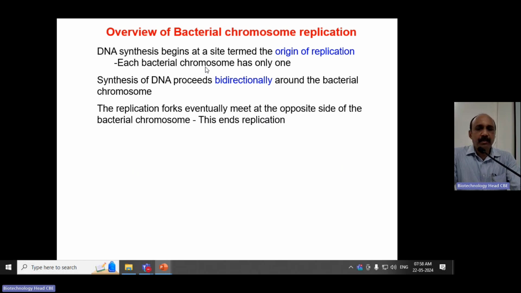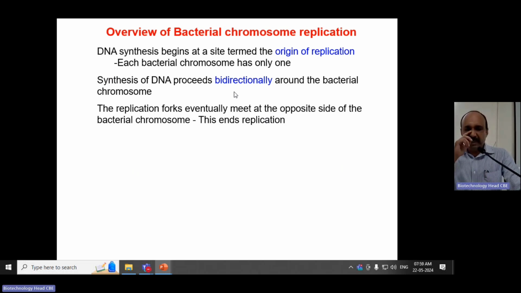Each bacterial chromosome has only one origin of replication, and DNA synthesis proceeds bidirectionally around the bacterial chromosome. So the DNA goes bidirectionally on both sides, and the replication forks eventually meet at the opposite end, because this is a circular bacterial chromosome.